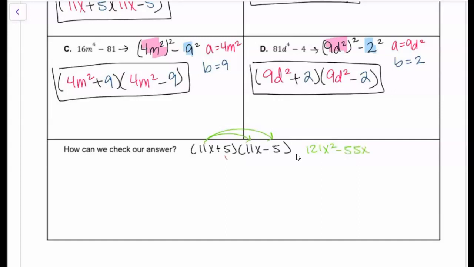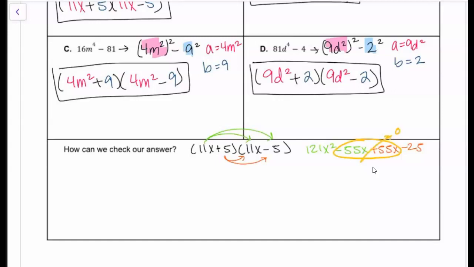And then double distribute means I have to distribute my second term in the parentheses. 5 times 11x is 55x. And 5 times negative 5 is negative 25. I can combine my middle terms, which notice negative 55 plus 55 cancels out, and that gives me 0.